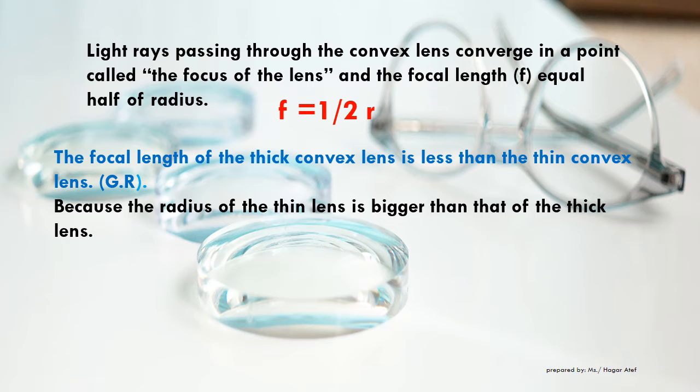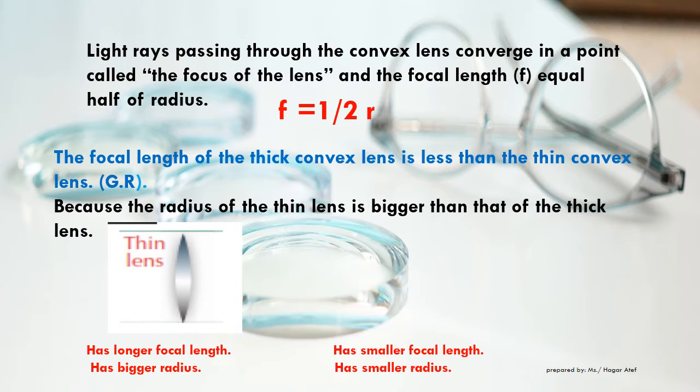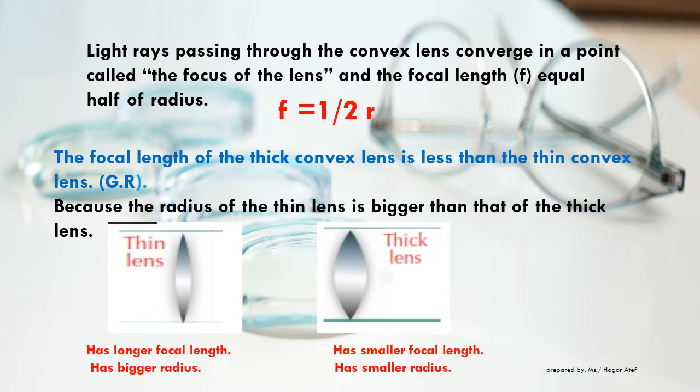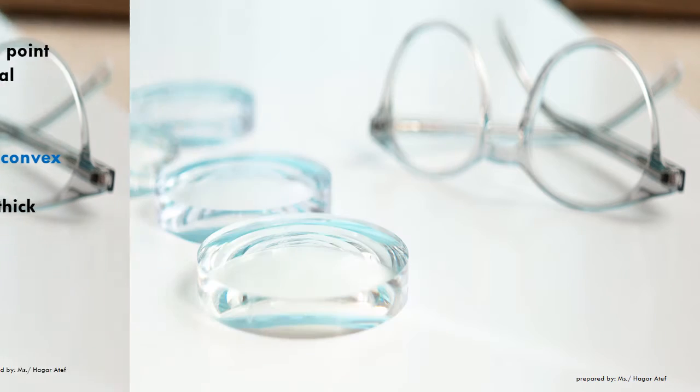The focal length of the thick convex lens is less than that of the thin convex lens, because the radius of the thin lens is bigger than that of the thick lens. So the thin lens has a bigger radius and longer focal length, but the thick lens has a smaller radius and a smaller focal length.